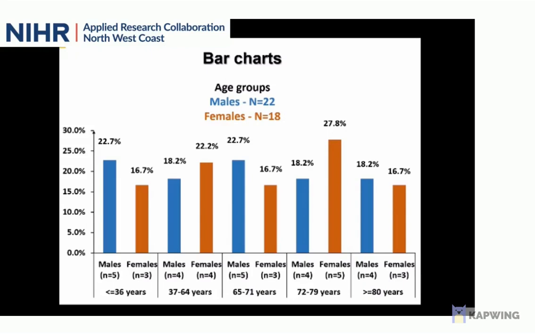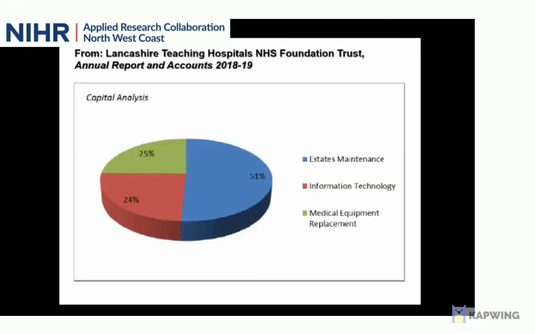When you don't have an order, for example, with gender before, then pie charts might be an option. So in that particular case, you might decide to use a pie chart. If you have an order, then bar charts instead are more appropriate, or tend to be. I'll show you an example of a pie chart, which was taken from a report from the Lancashire Teaching Hospitals NHS Foundation Trust. This is just to give an indication of when a pie chart might be a good representation of what's happening with your data.